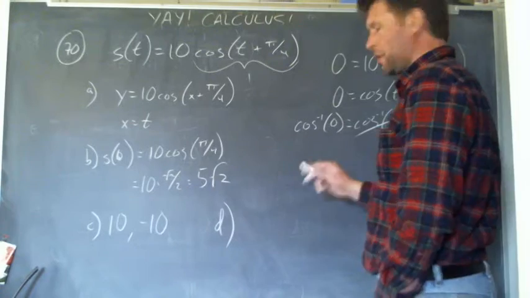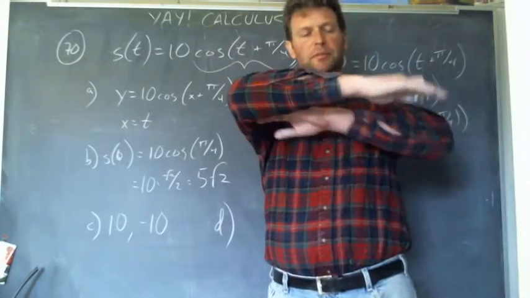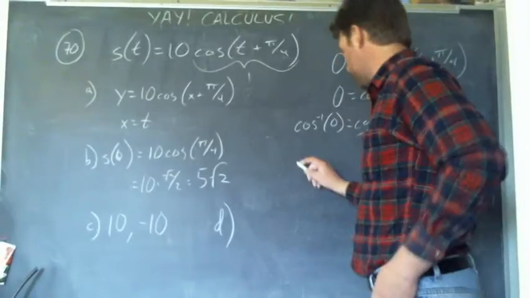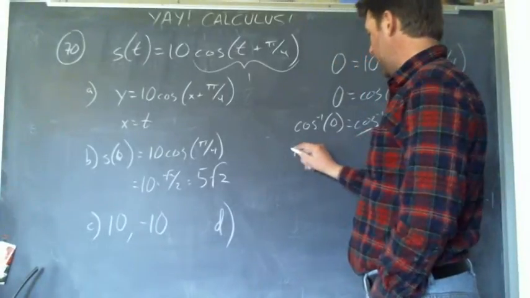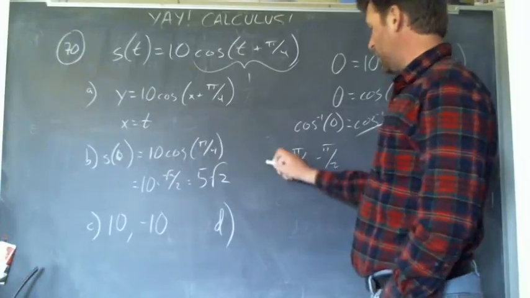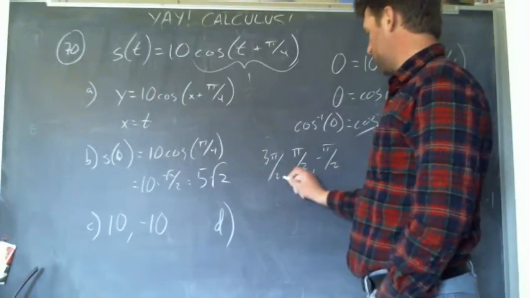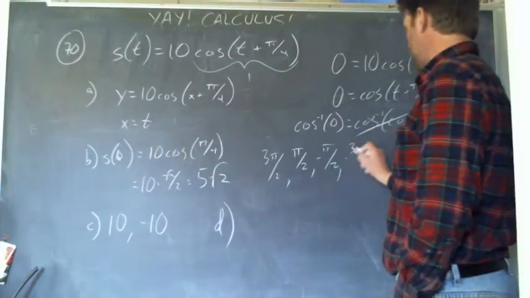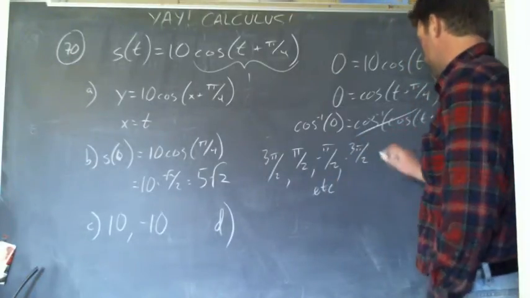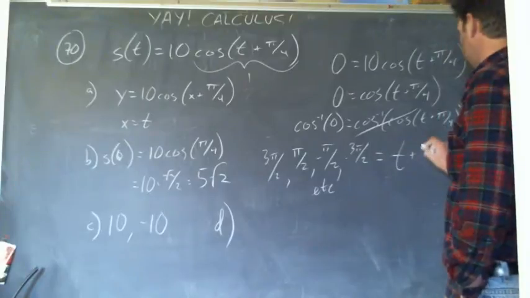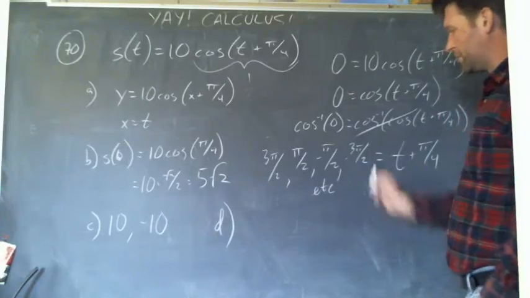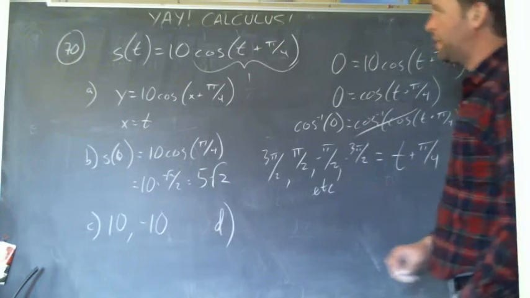So when is cosine 0? Well, cosine is the x value, so we're talking about pi over 2, negative pi over 2, 3 pi over 2, negative 3 pi over 2, etc. equals t plus pi over 4. So we subtract pi over 4 from any of these. We're only looking at positive t values.